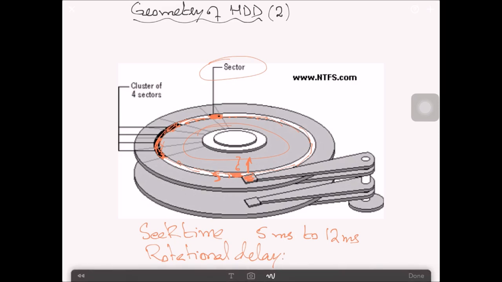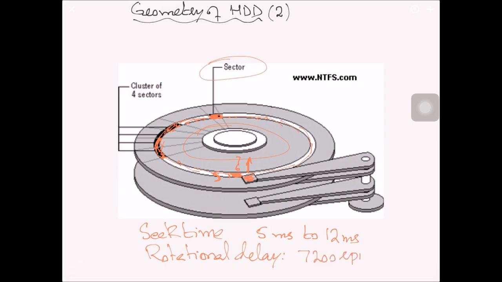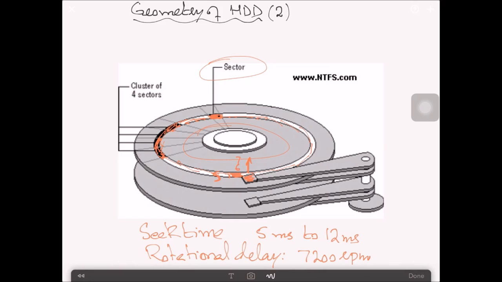For a disk rotating at 7200 RPMs, it takes about 8 milliseconds to have one complete rotation. So the average rotational delay is about 4 milliseconds, assuming that the data is halfway around the disk. So the transfer time includes the seek plus the rotational time.